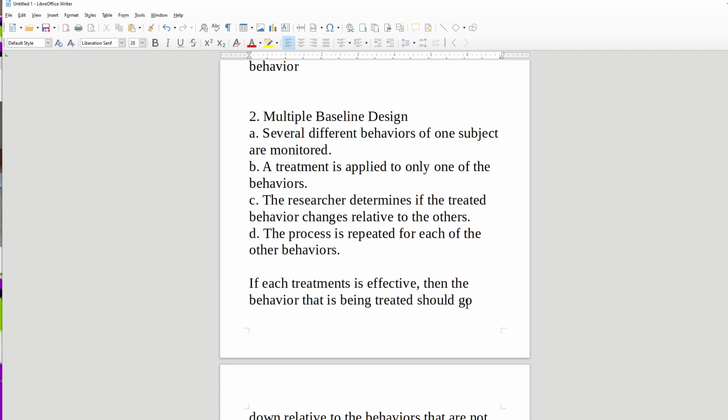Well, the problem with this is that the dependent variables aren't independent of one another. And so a treatment that's effective for getting him to stay in his seat would almost certainly reduce the amount of time he's spending bothering other kids as well. And if it affects that behavior as well, again, we're not going to conclude that our treatment was effective, because the behavior we were treating didn't go down relative to the others. The other behaviors went down as well. So we aren't going to conclude that.